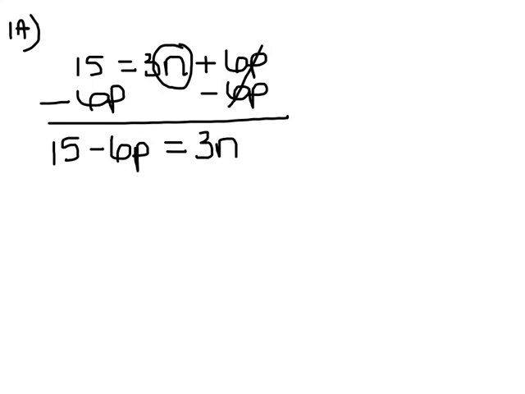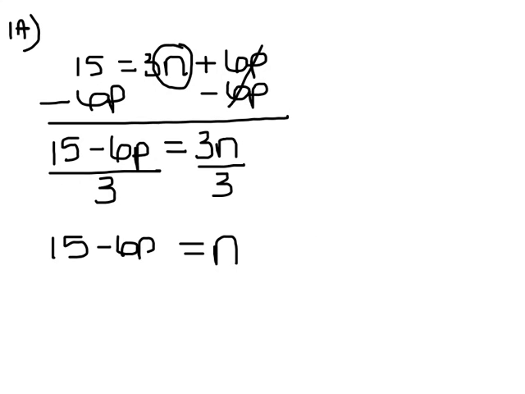Now if we want to solve for n, we'll undo this multiplication between the 3 and the n by dividing both sides by 3. Therefore, n equals 15 minus 6p over 3. This can also be written as 15 over 3 minus 6p over 3.